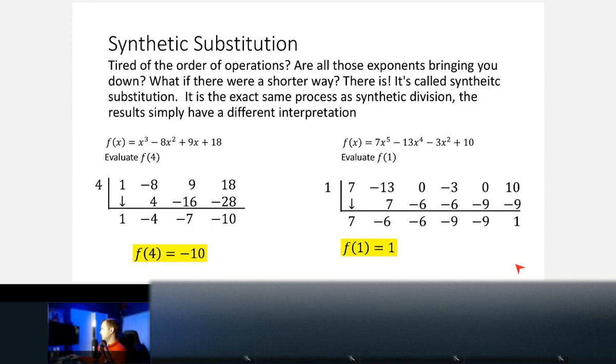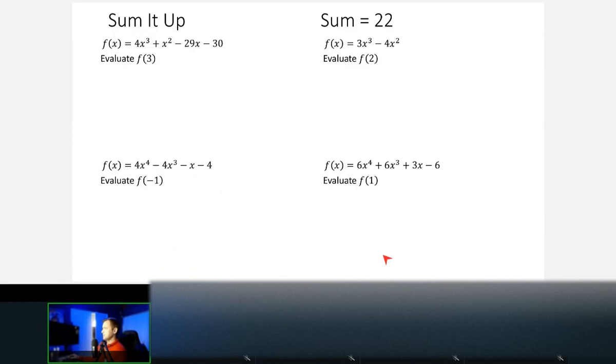But that will probably only work, like you said, if you're plugging in a 1. Any other scenario, that probably would not work. Good observation, though.